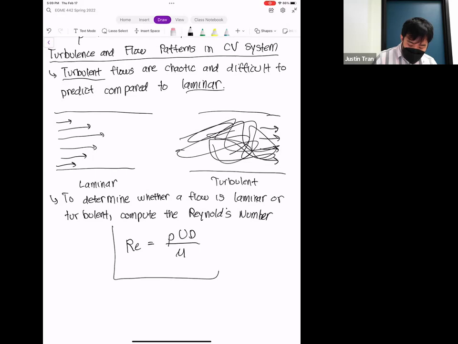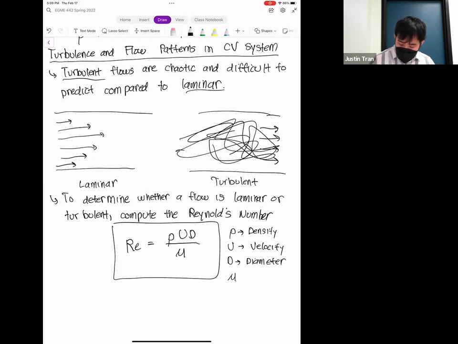The Reynolds number for pipe flow is rho times U times D divided by mu, where rho here is the density, U is velocity, D is the diameter, and mu here is viscosity.